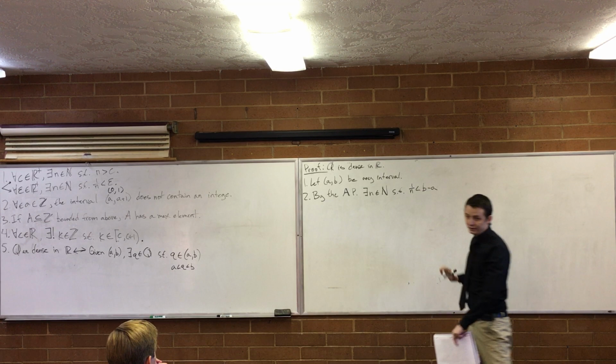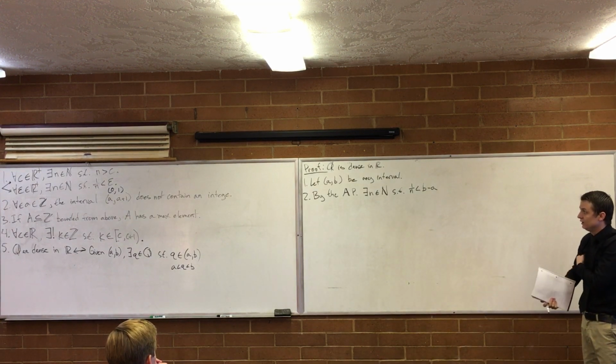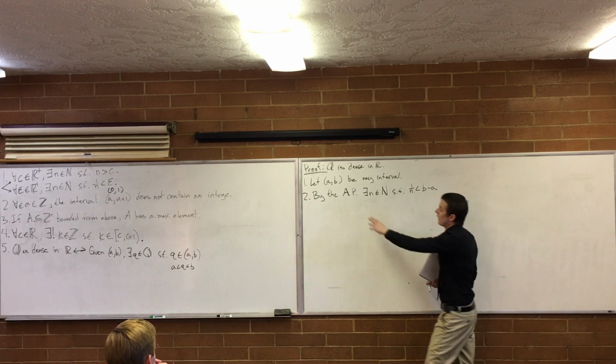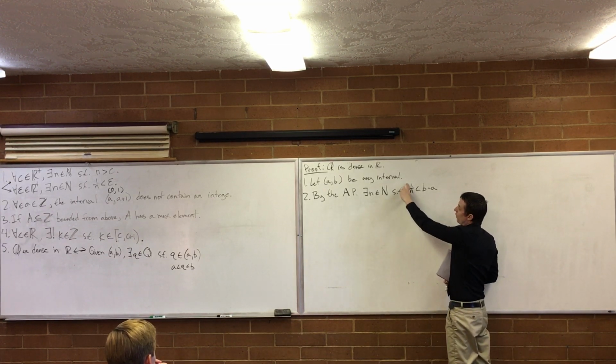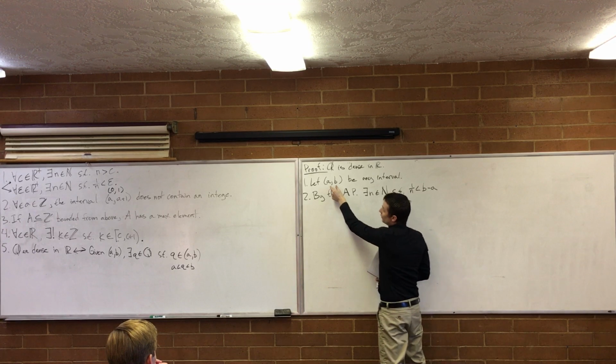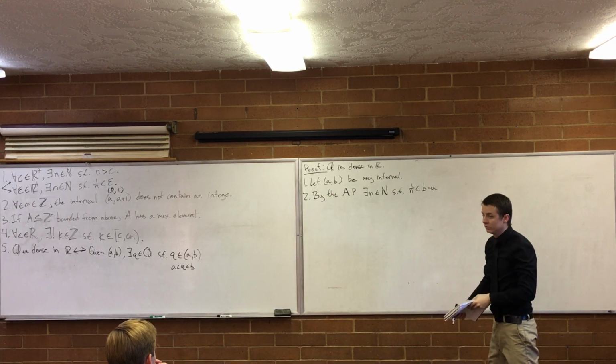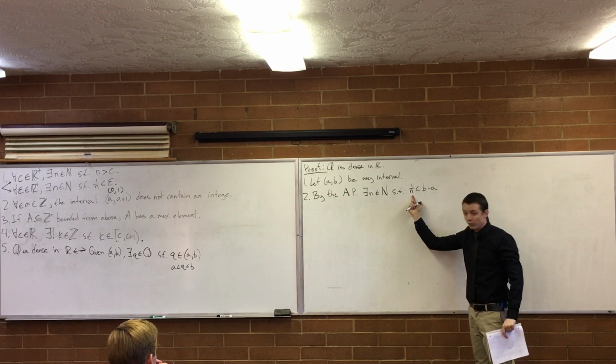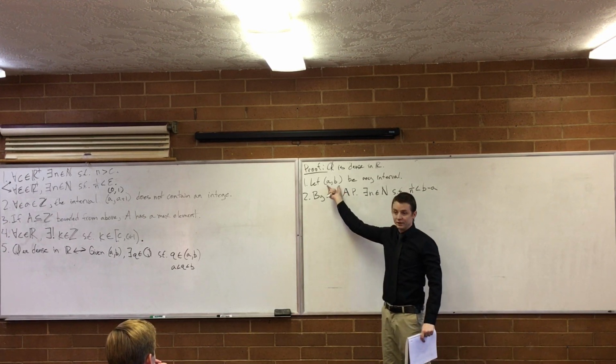Now remember, b minus a is a positive number because b is greater than a. In other words, I can find a natural number so large that 1 over n is shorter than this interval. b minus a is the length of this interval, and I can find a number 1 over n smaller than the length of this interval.